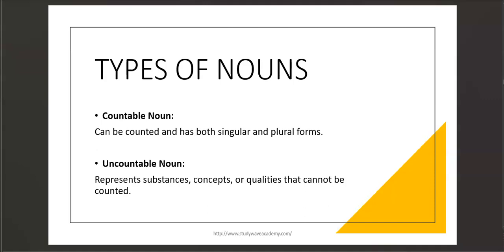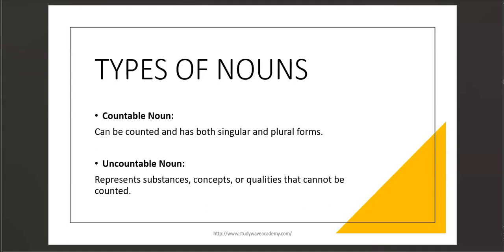From just the word countable, these are nouns that can be counted. You can count people, countries, chairs, a ball or balls, pencils or pens.